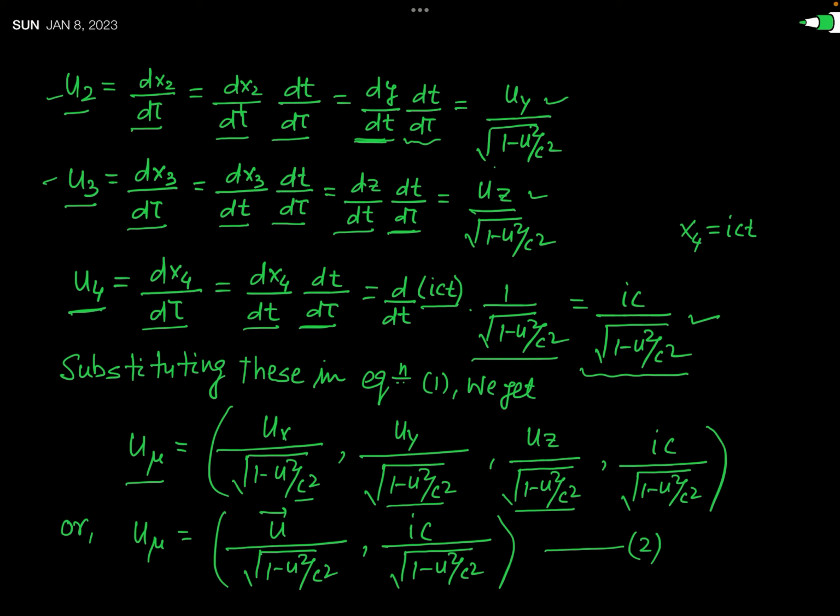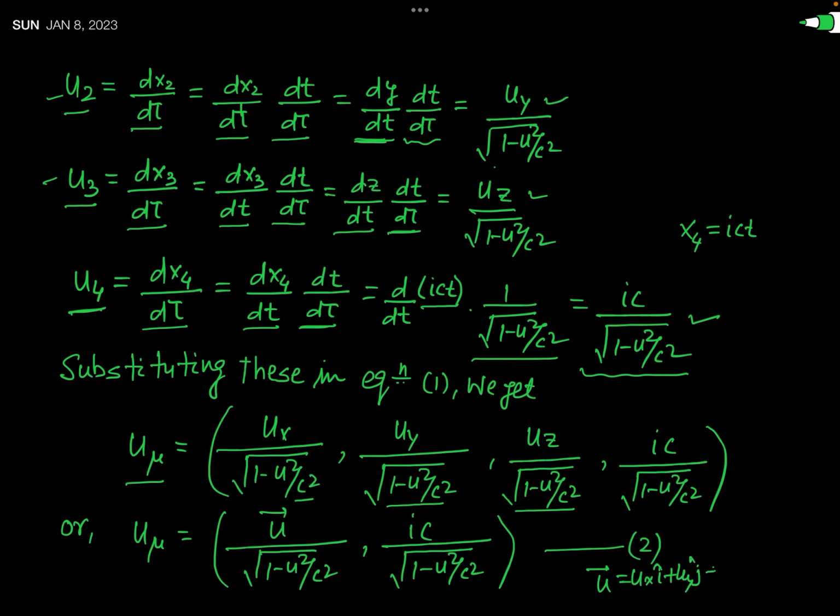Now you know that this ux, uy and uz are actually the three components of a three-dimensional velocity vector in 3D space or Euclidean space. And this velocity vector u is in fact ux i plus uy j plus uz k.